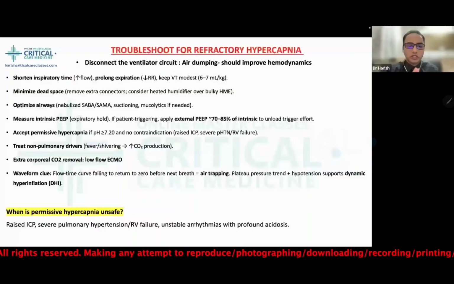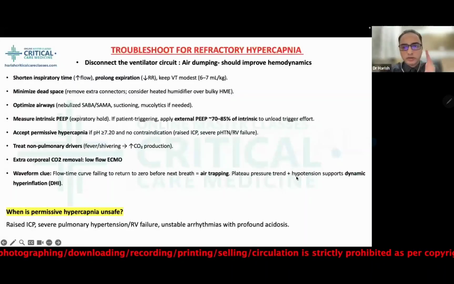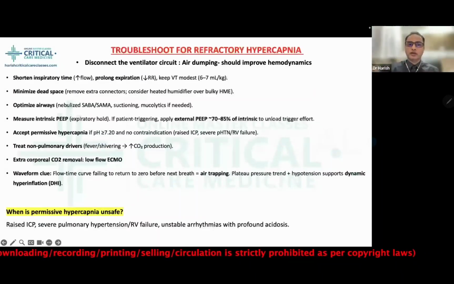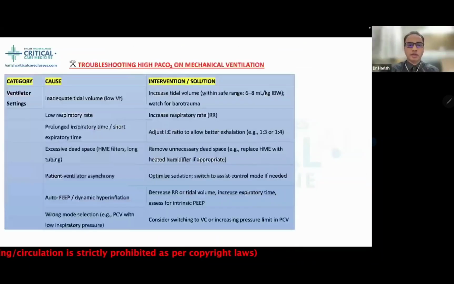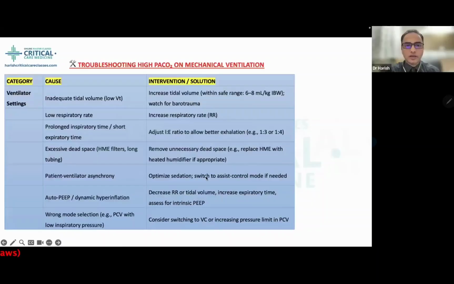That is the percentage of the expiratory trigger, which by default is usually set at around 25%. You can increase that. That also helps as one of the troubleshooting steps for refractory hypercapnia. This is again the table of what we can do in terms of ventilator intervention for washing out the PCO2 when the patient is on mechanical ventilation.